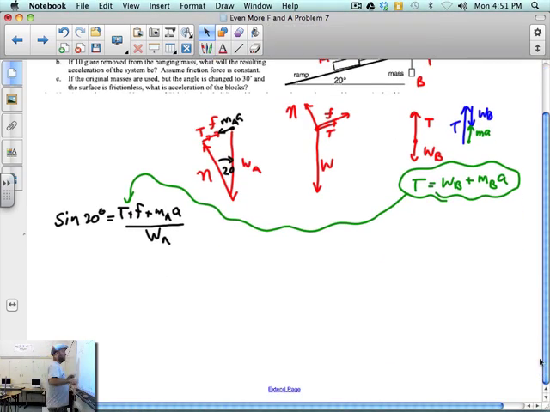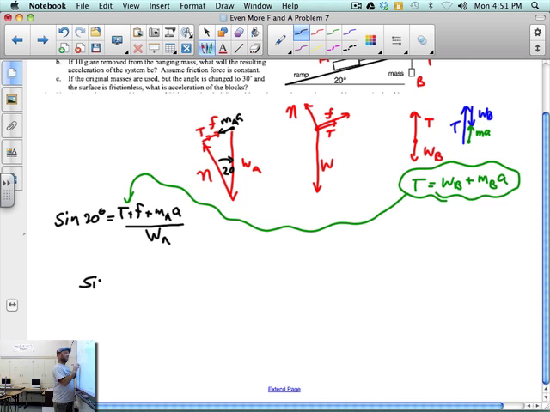So now we're talking about sine, and I'll tell you what, instead of making it 20 degrees, why don't I make it any angle, okay? Sine theta is going to be weight of object B plus mass of object B times acceleration plus my friction plus my mass of object A times acceleration.